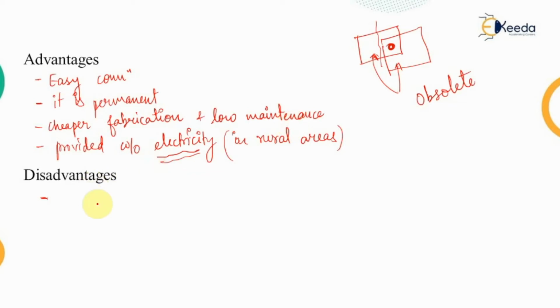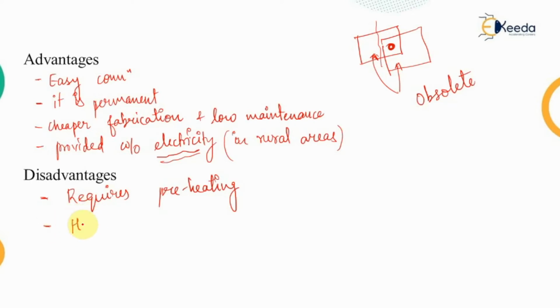Now the disadvantages of rivet connections are that they require preheating. As I've told you, whenever we provide the rivet, it requires preheating. For driving the rivet, you need to preheat it so that it can be driven exactly into the hole.